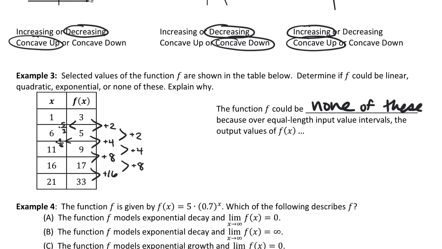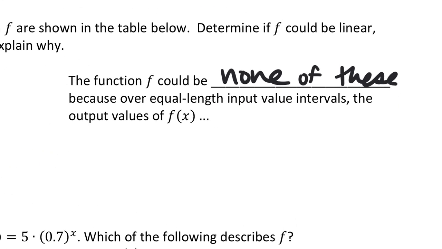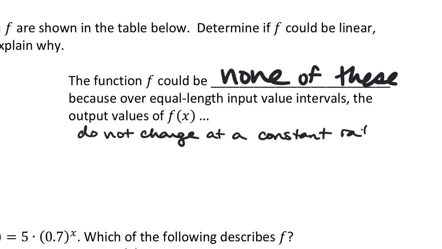Because over equal length input value intervals, the output values of f of x, and let's list all of the reasons, do not change at a constant rate. That's linear.